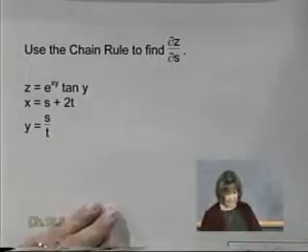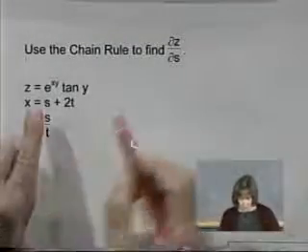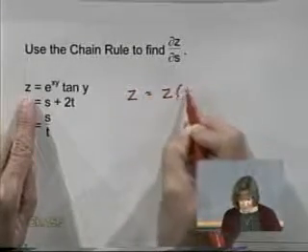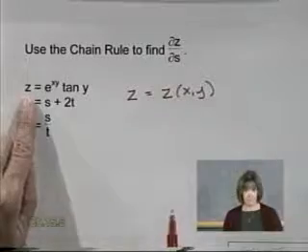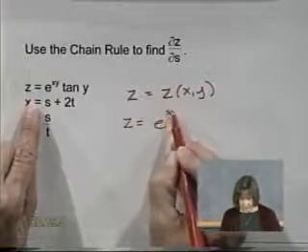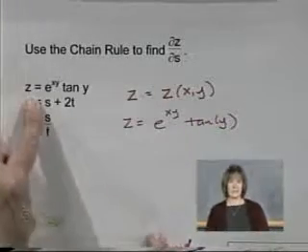Now it gets complicated in this one, and let's look why. Because if you look, your z is given as a function of x and y. All right, they tell me that z is equal to e to the xy times tangent of y. That's what my z is.